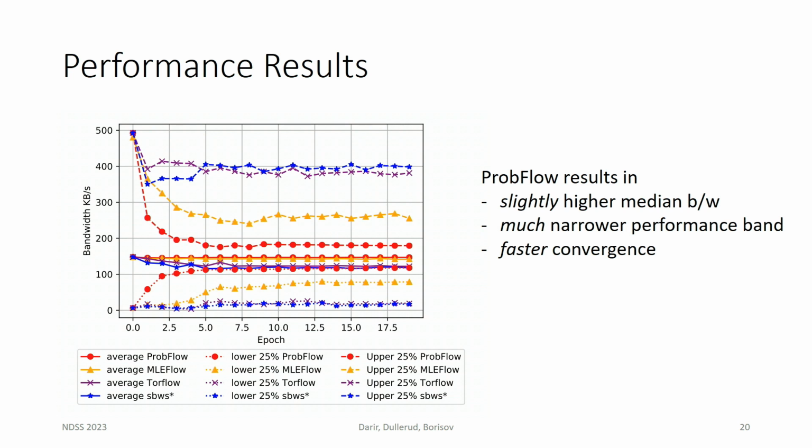This makes a slight difference at the median of the performance, but in this graph, the lines of different colors essentially show the interquartile range of the bandwidth that you will get for the flows for each different method. And so the red one, which is our new method, has a much narrower performance band and much faster convergence, so it reacts to changes much faster.